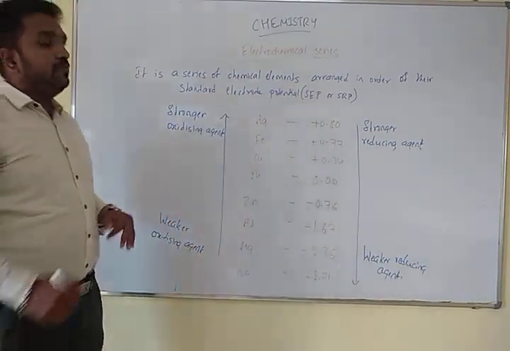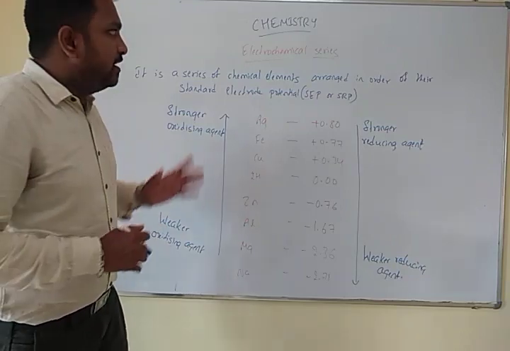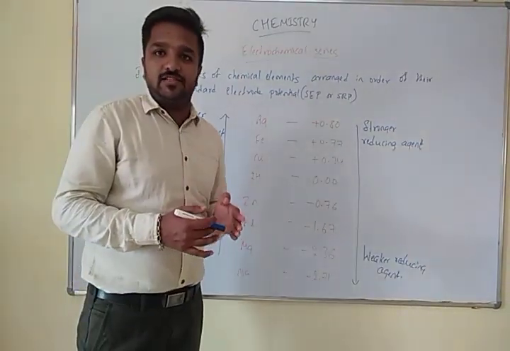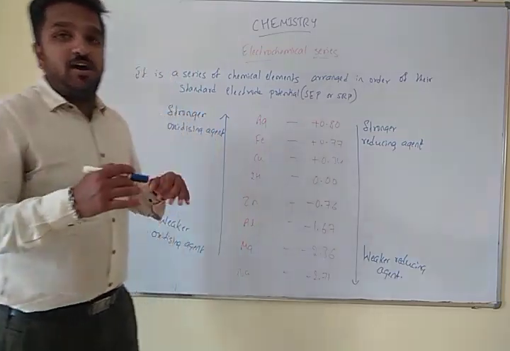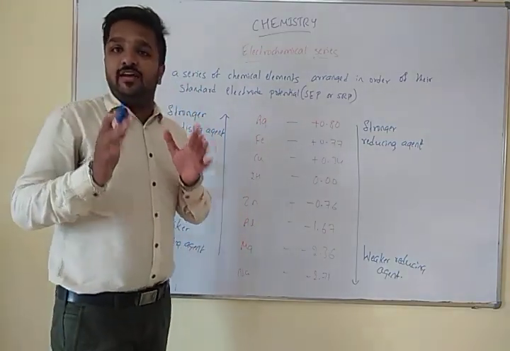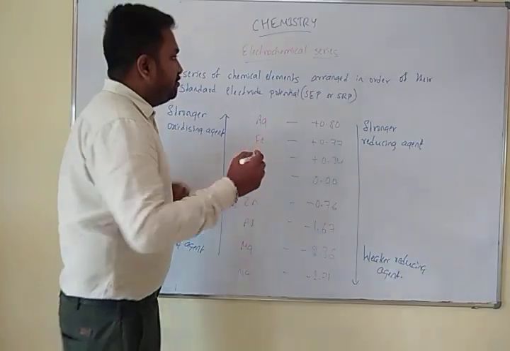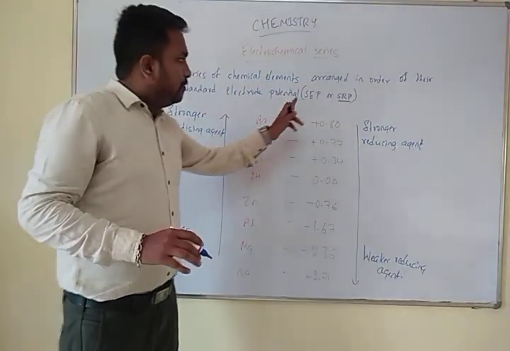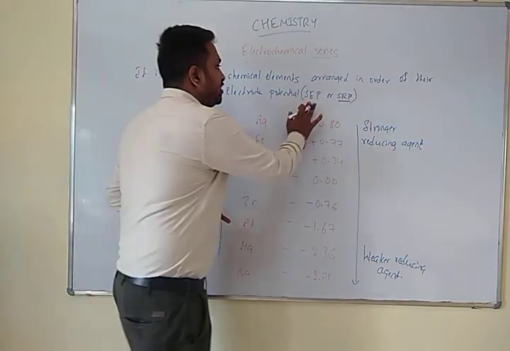Yes, we are talking about the electrochemical series now. Electrochemical series is the series of chemical elements which are arranged in the order of their respective standard electrode potentials. You are familiar with this, standard reduction potentials.